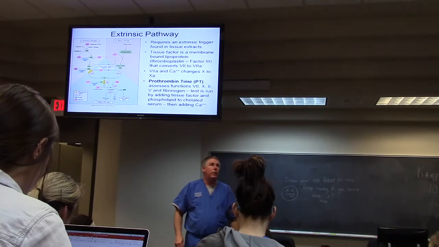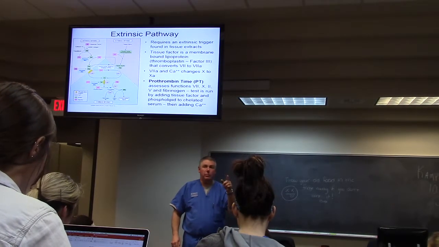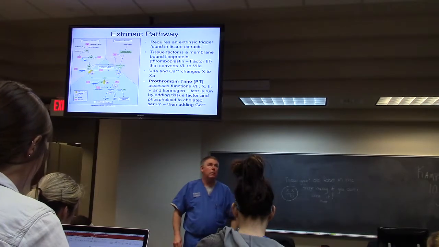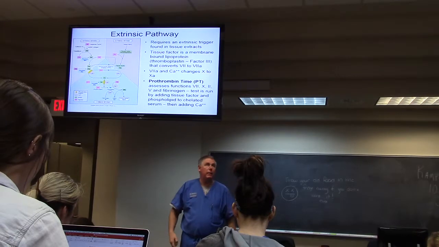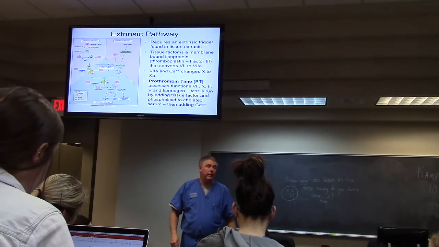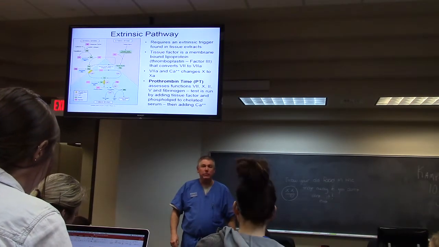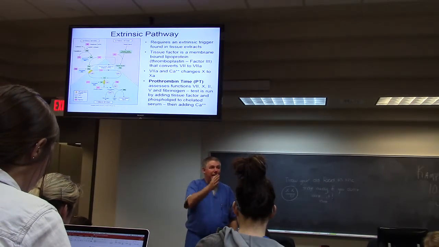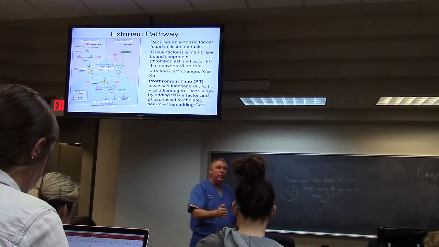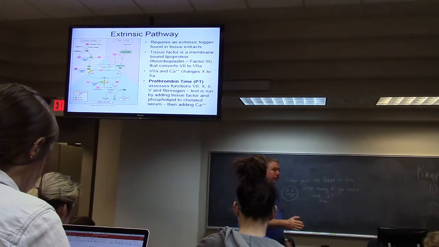That's related to the extrinsic pathway. You've got factor 7 involved in the extrinsic pathway, and 10, but 7 principally. So coumadin is related to PT, which is related to the extrinsic pathway.